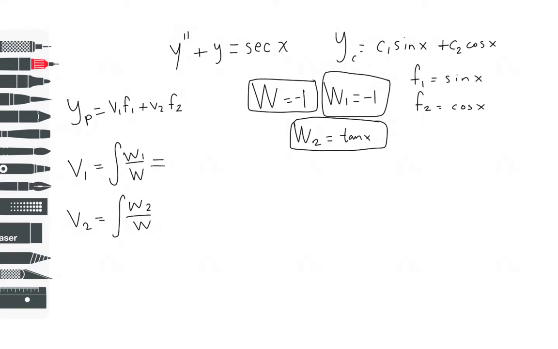If we plug this in, for v1 we get the integral of negative 1 over negative 1, which is 1, times dx.